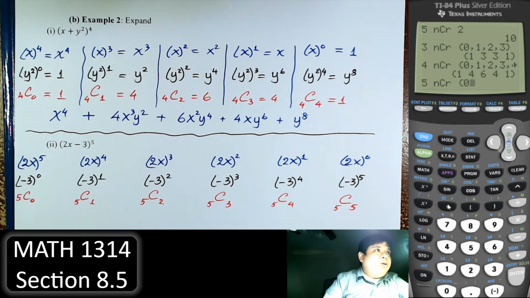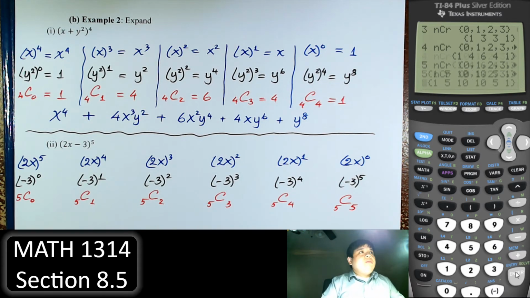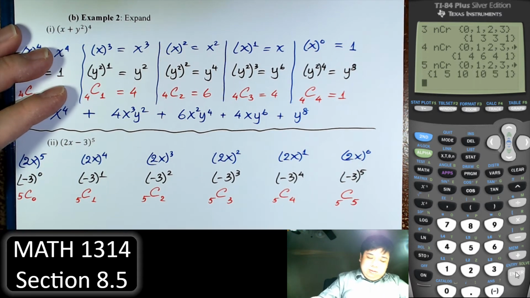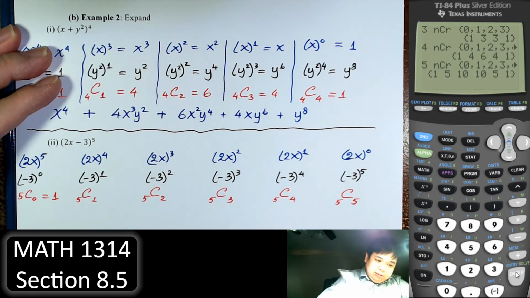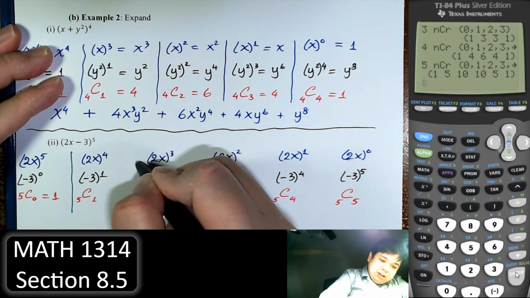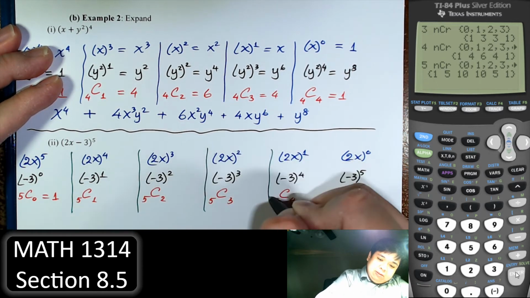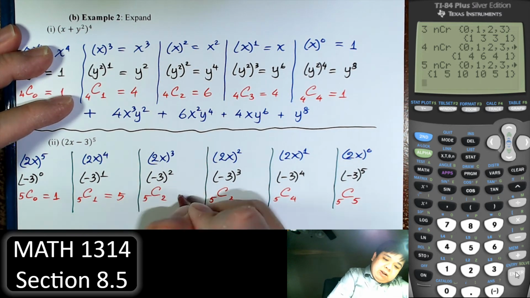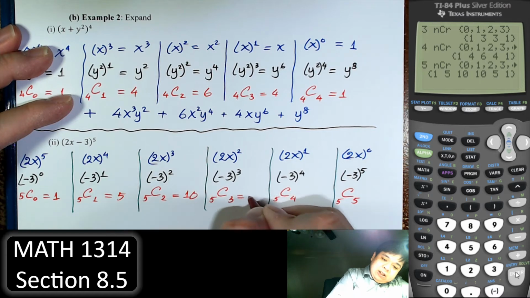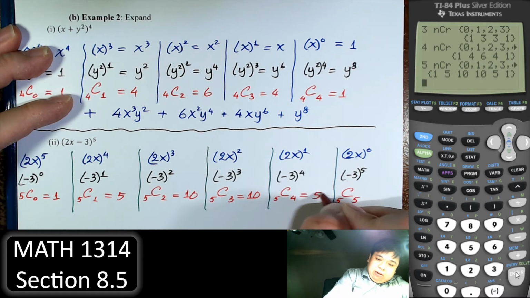We start from 0, 1, 2, 3, 4, 5, and close. One, to separate in column. 1, 5, 10, 10, 5, and 1.